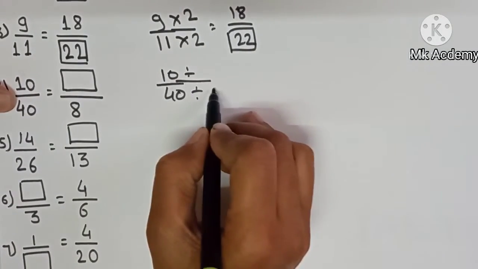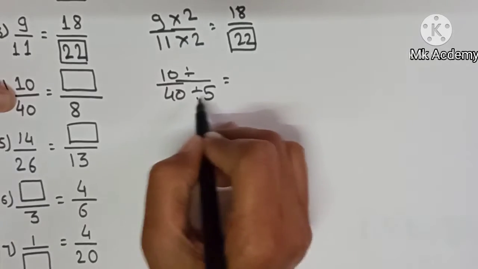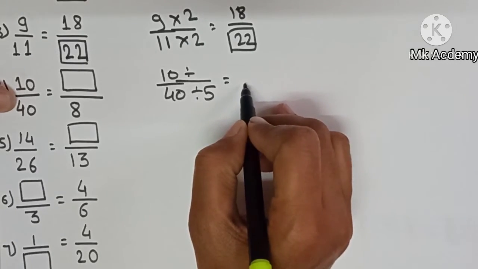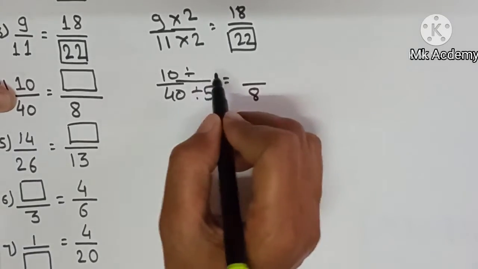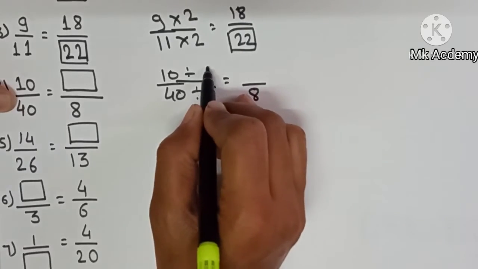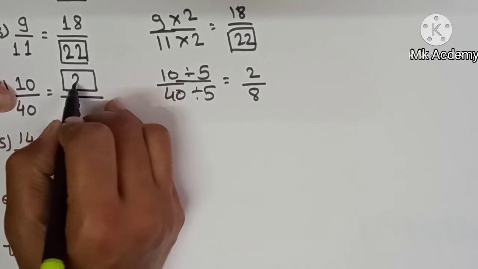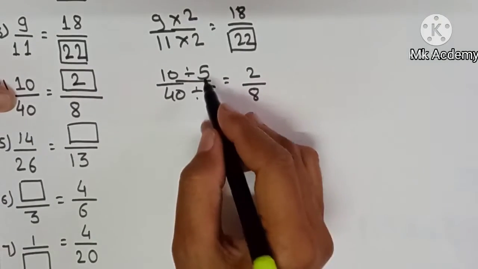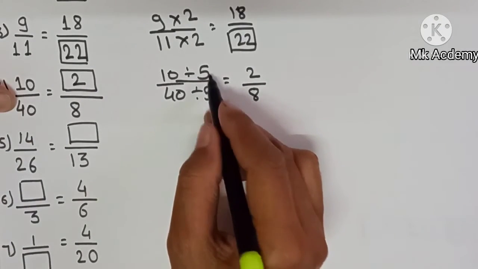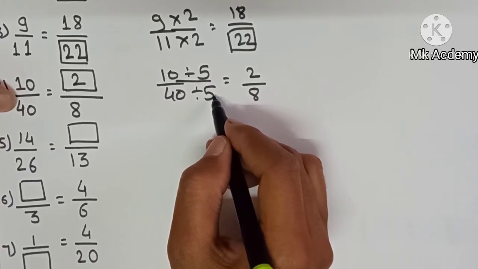Now if we divide by 5, 40 by 5, we get 8. Then we have to also divide this numerator by 5. 5 2s are 10, means we have to write down here 2. Understood? In numerator and denominator we divide by the same divisor.